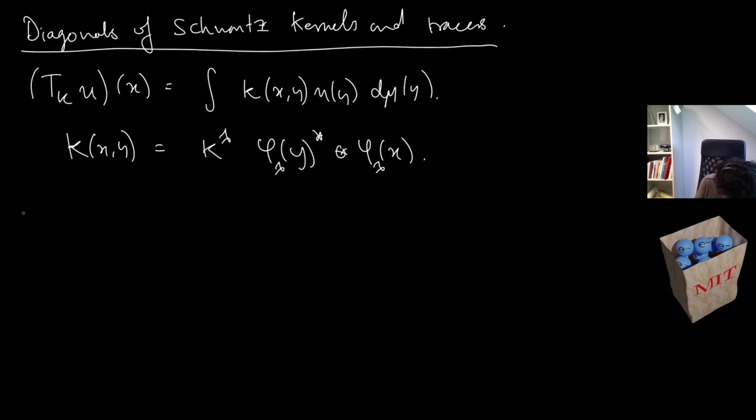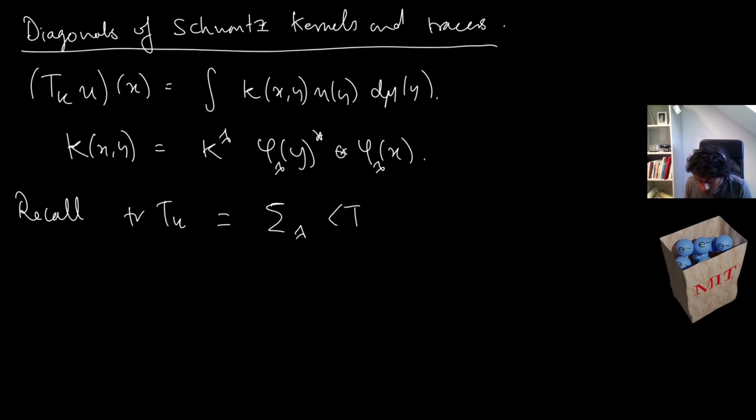So recall that if we assume the operator has a trace, the trace of T_k is precisely equal to the sum over lambda.